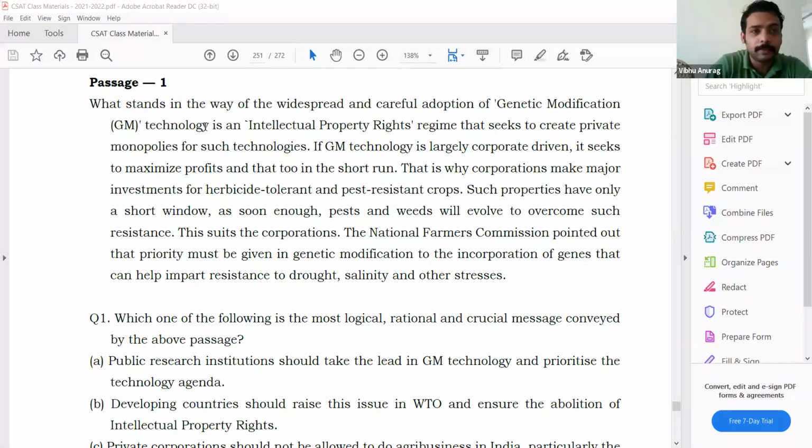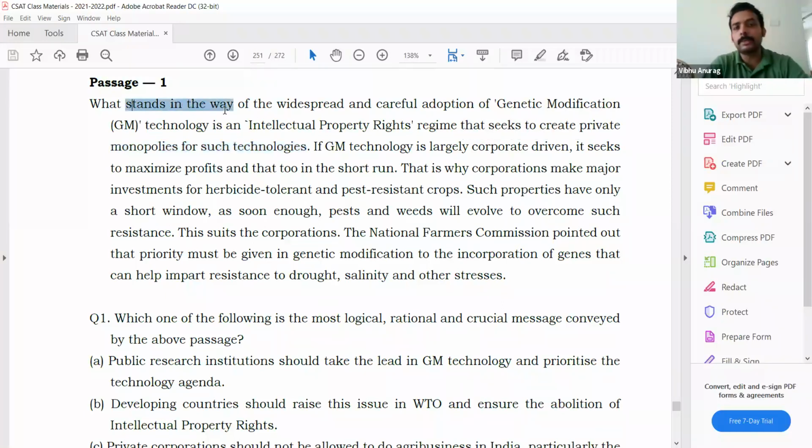So passage 1, it says that what stands in the way of the widespread and careful adoption of genetic modification, that is GM technology, is an intellectual property rights regime that seeks to create private monopolies for such technologies.